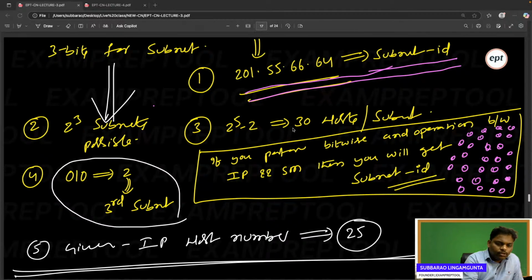This is the place where we stopped yesterday.